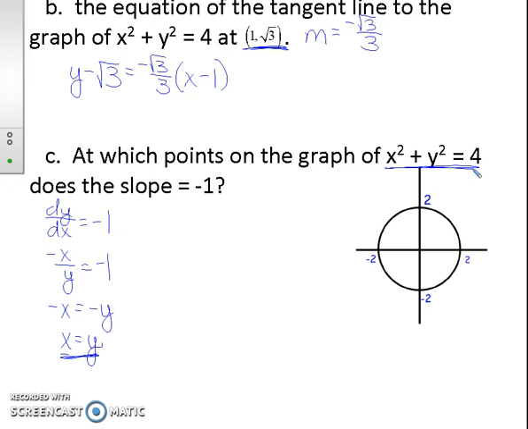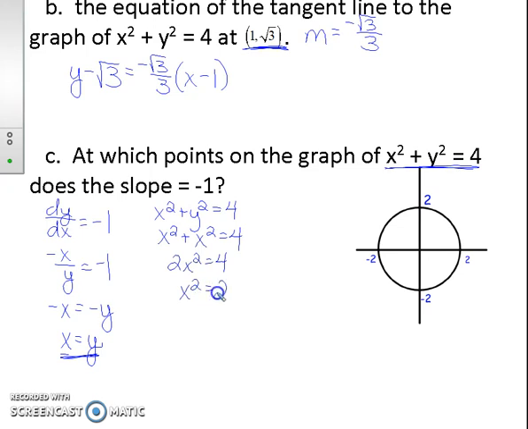If x and y are the same, then instead of saying x squared plus y squared equals 4, we could replace that y with an x, or you could have replaced the x with a y. Either way, it would work. If we do that, though, then we only have a single variable to solve for. So x squared plus x squared would give me 2x squared equals 4.